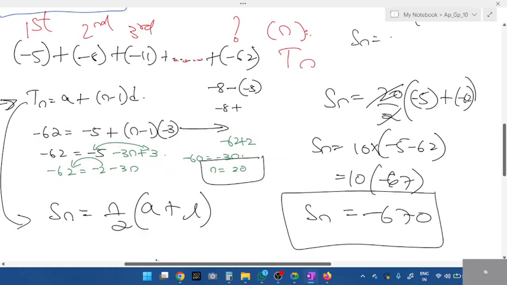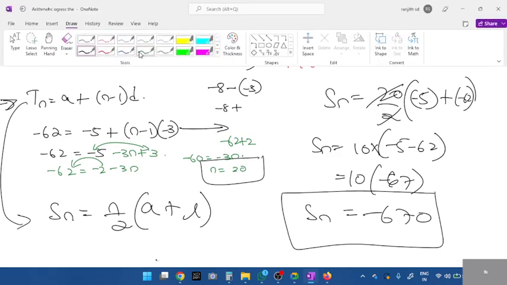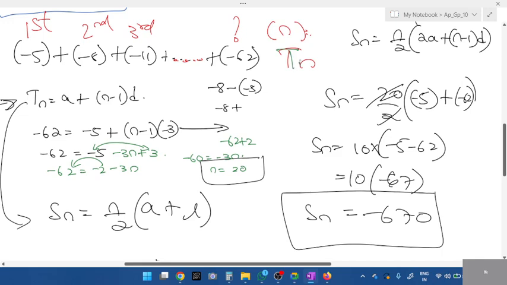S of n is the actual original formula, n by 2 into 2a plus (n-1) d. Here -62 is given, the t of n value is given, right? So -5 is the first term, -8 is the second term, third term. But do you know what is the -62 value?